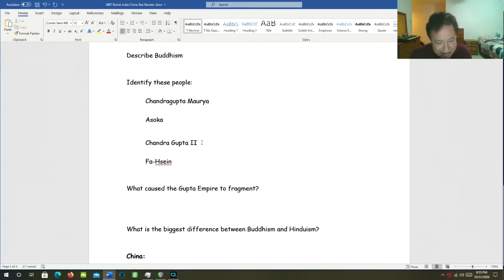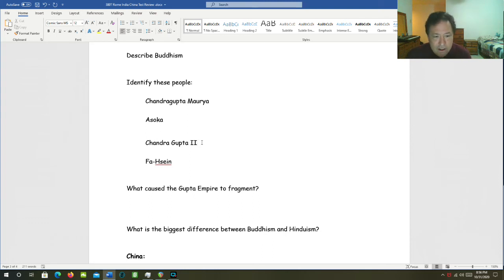Chandragupta II. Now we're into the Gupta dynasty. And he was a Gupta dynasty emperor, and he oversaw Hinduism's great cultural revival, the Golden Age. And he also promoted trade all the way to the Mediterranean Sea.